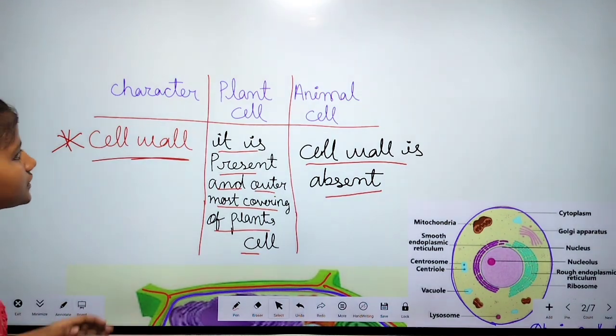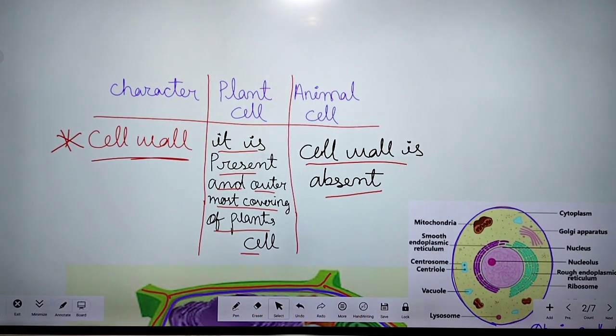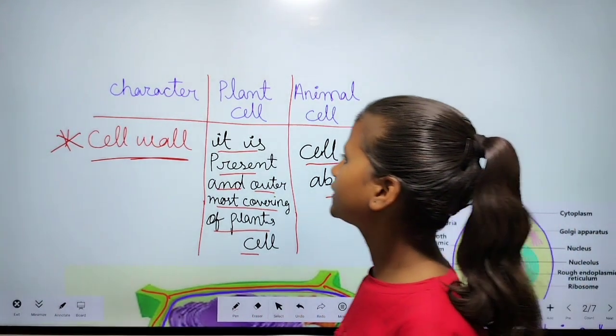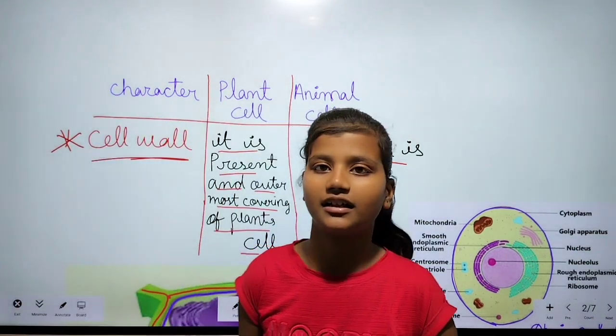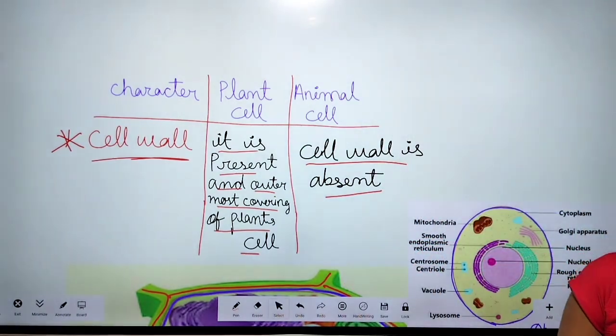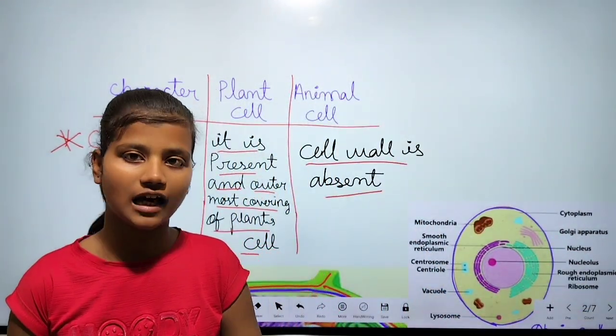In this video we have discussed the difference between plant cell and animal cell. Our first character is cell wall. In a plant cell it is present, and the outermost covering of plant cell is the cell wall, but in animal cell the cell wall is absent.